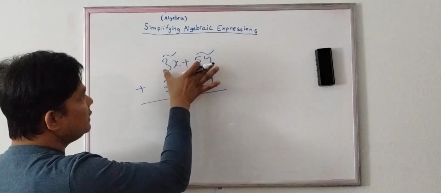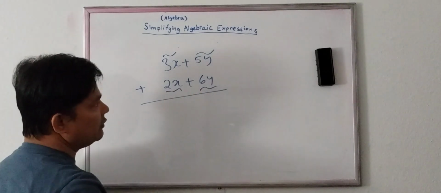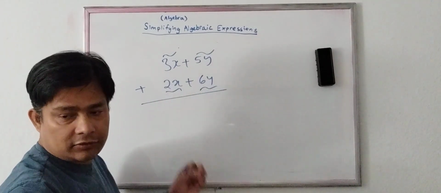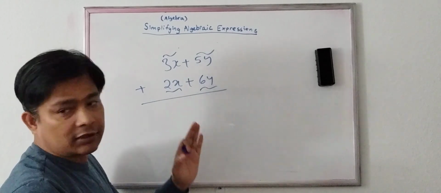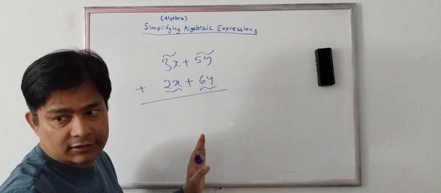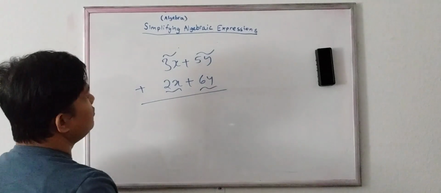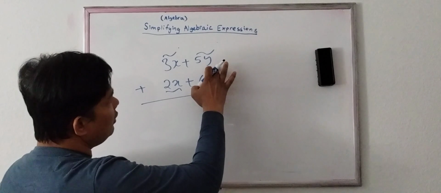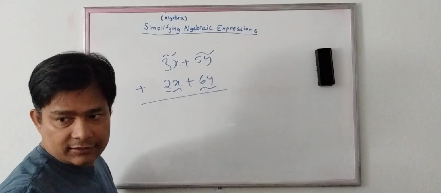So while adding two mathematical expressions like this, where you have more than one variable, when you have one variable, you learned you have to just look for the constant and apply the operation to the constant. I'm not talking about multiplication and division right now, just addition and subtraction. We'll go there, but first we'll learn addition and subtraction involving two variables, more than two variables, or n number of variables.